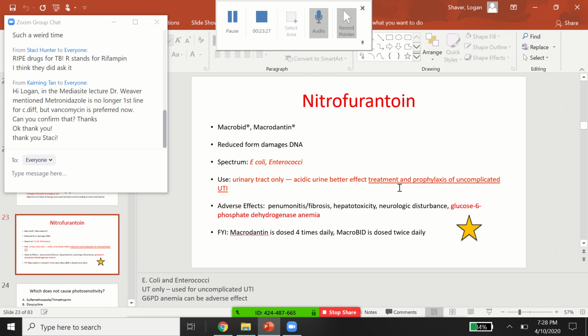Along with that, notice we have another mention of G6PD. So once again, they could give you a picture of somebody with G6PD who had a UTI and ask what drug they possibly had. Just remember all of that together.